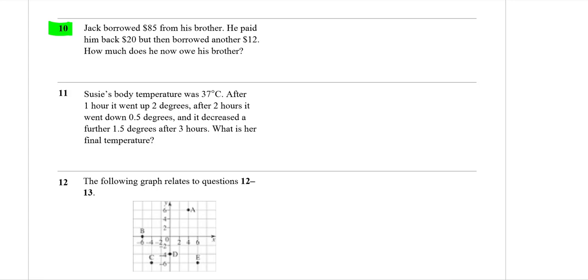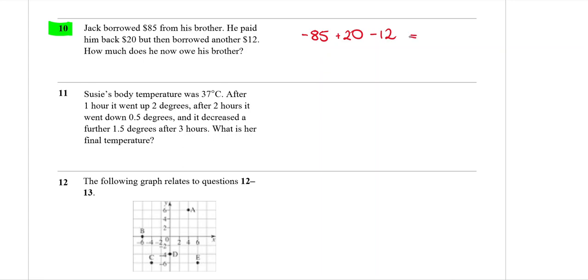Now, this is in positive and negative integers, right? So remember, you can use negative signs if you are owing somebody some money. So when I say he borrowed $85, he has a negative $85, right? He has to pay that back. He owes $85. He pays back 20, so we go plus 20 because he's paid him back 20. But then he borrows another 12, which means I subtract 12 from that again because he's borrowed more money.